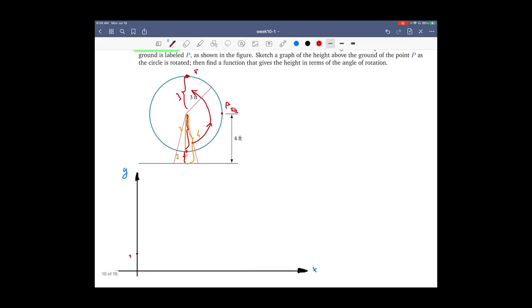So at point pi, our function takes value 7. At point pi over 2, our function takes value 4. And at point 0, when the angle is 0, the value is 1. When the angle is 3 pi over 2, the value is again 4 feet.